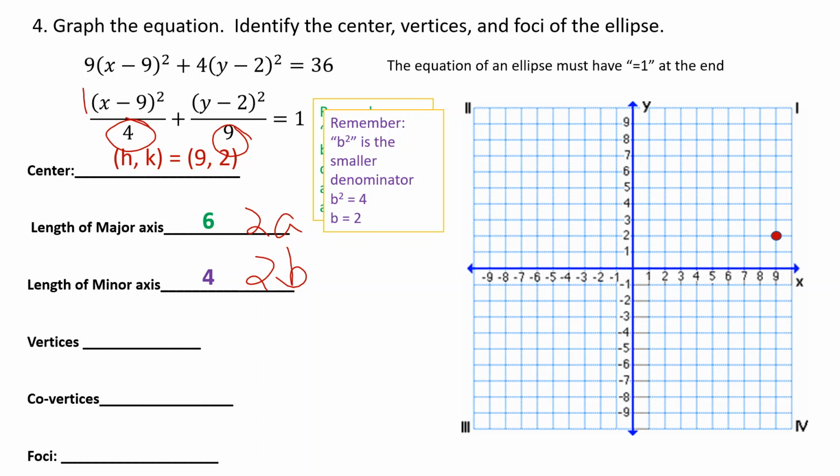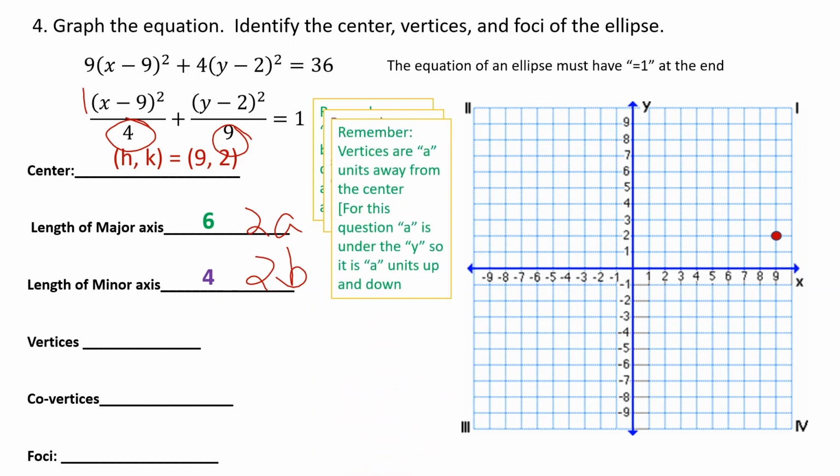Now, this ellipse has the a squared under the y, which indicates the ellipse is a vertical ellipse, which means the major axis is vertical. So from the center, I'm going to find the vertices now. From the center, you're going to count a units up and a units down.